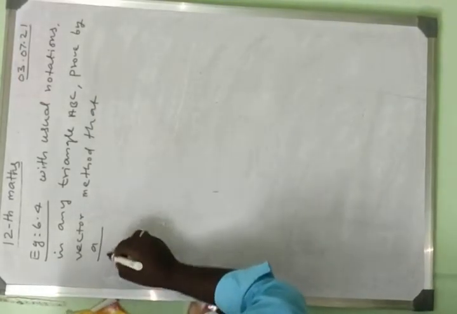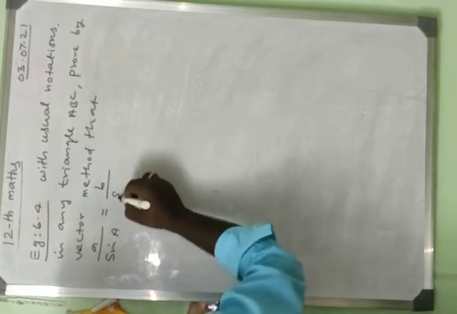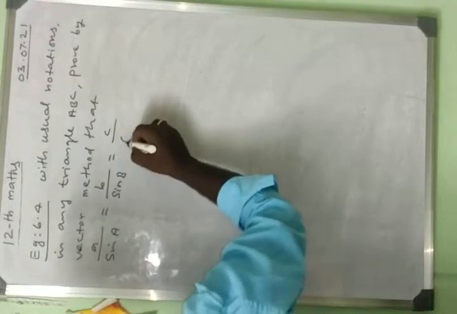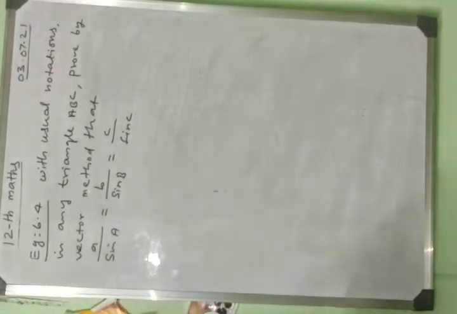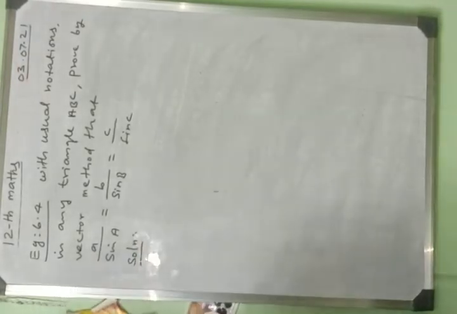that a by sin A is equal to b by sin B is equal to c by sin C. How to prove? Very simple one. Listen here. Solution. First draw a triangle, the same method as the previous examples 6.1 and 6.2. Let's draw one triangle.